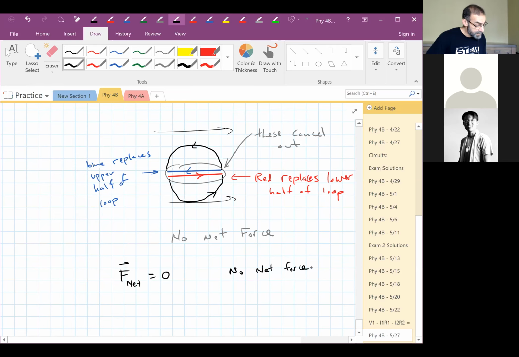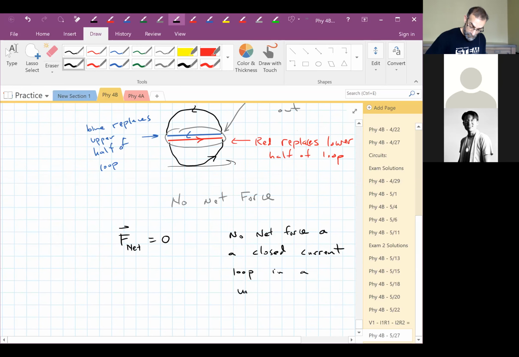No net force on a closed current loop in a uniform magnetic field.